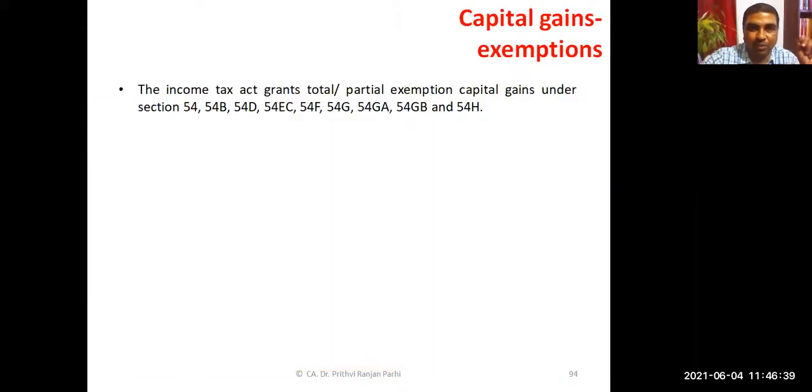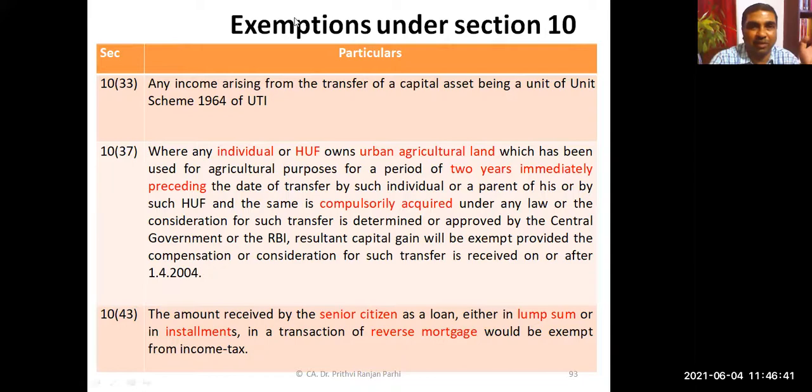So this is one category of exemption we have covered. The other category of exemption, the Section 54 series, we will learn subsequently.